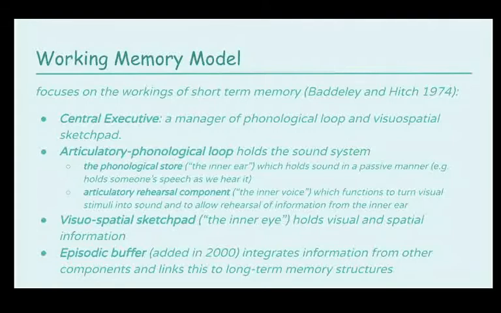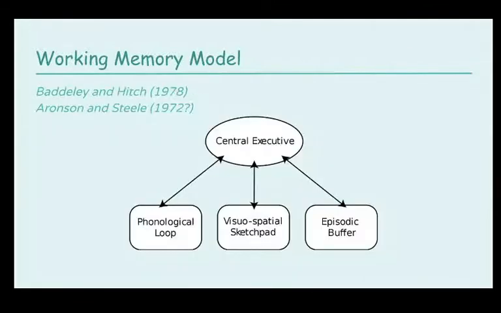It integrates information from other components and links this to the long-term memory structure. So, as you can see here, the central executive is kind of like your manager, the main manager of everything.